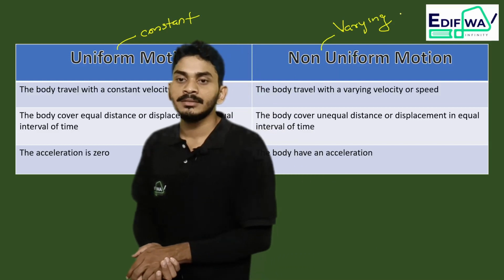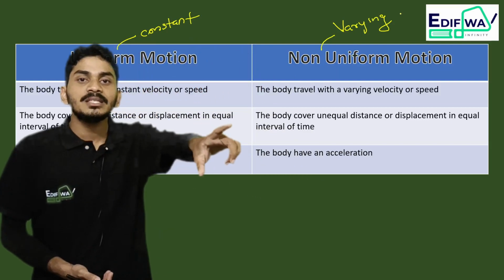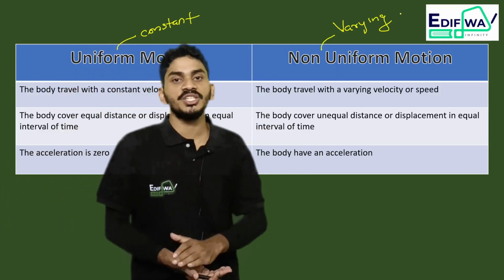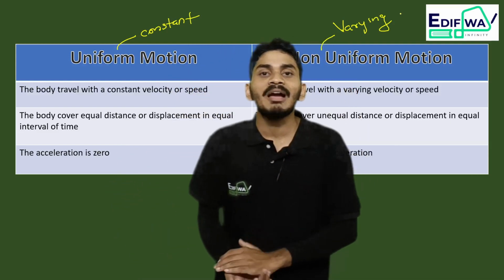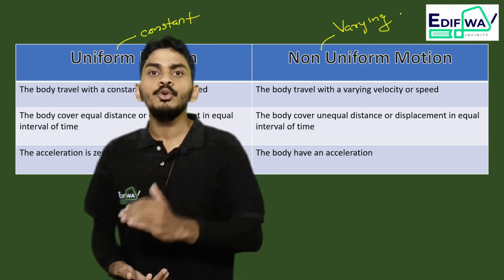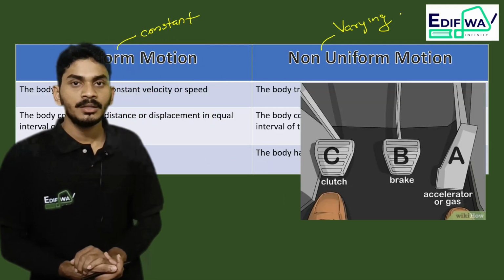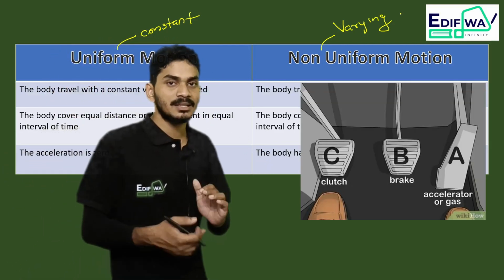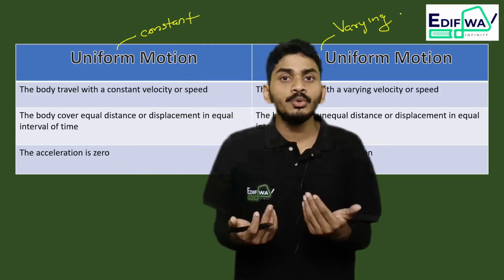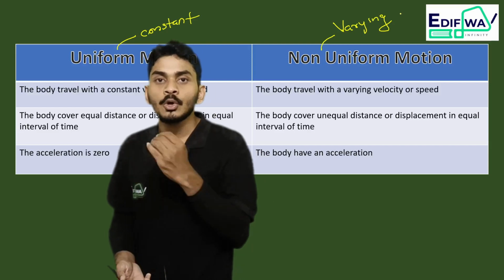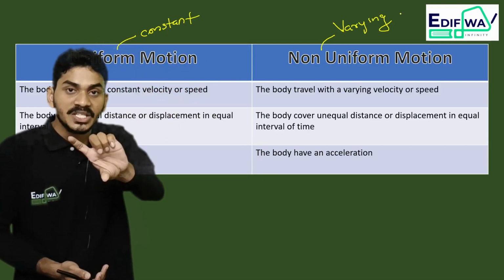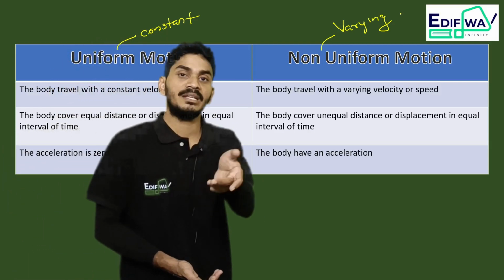Then that motion will become a non-uniform motion. Since the speed or the velocity is not changing, the body will not have acceleration. You know what is meant by accelerator, right? Your vehicle will have an accelerator, and why do you use that? In order to increase the speed. So when there is a change in the speed, there will be an acceleration.